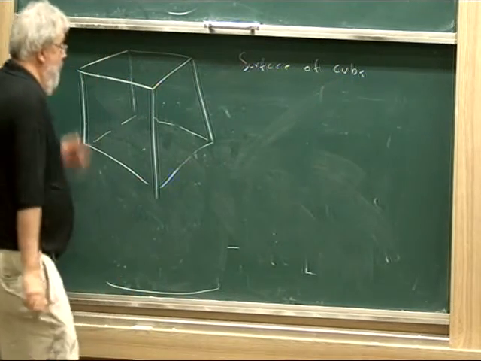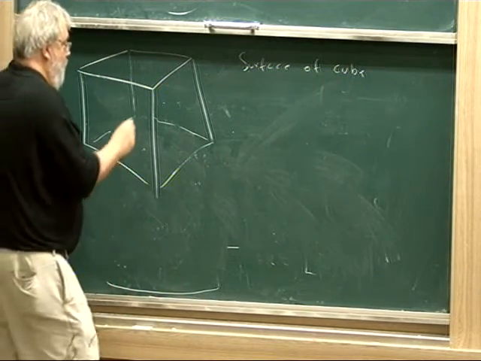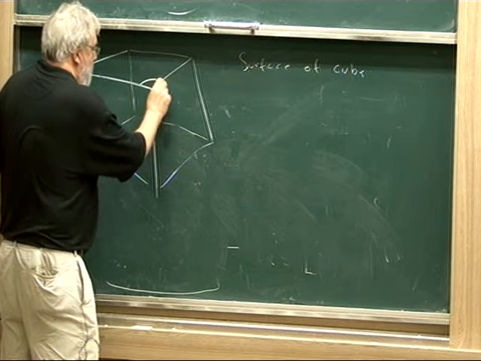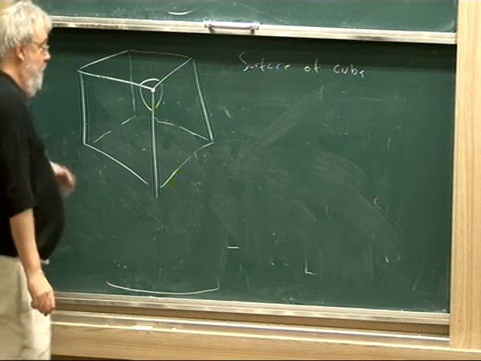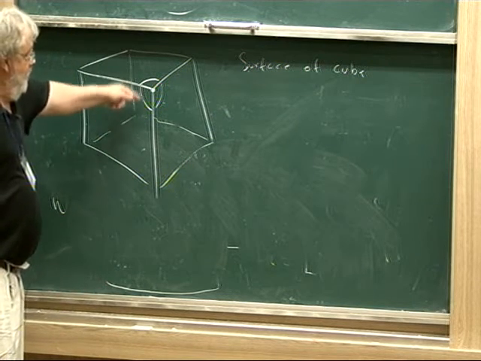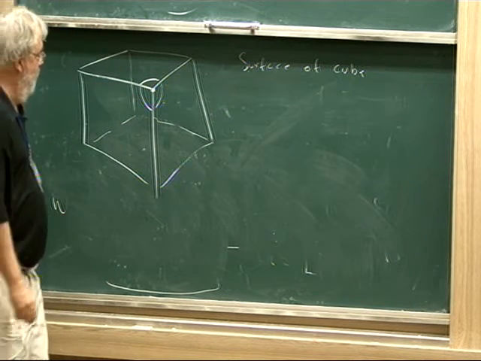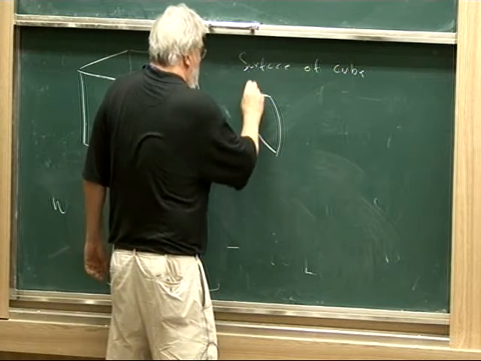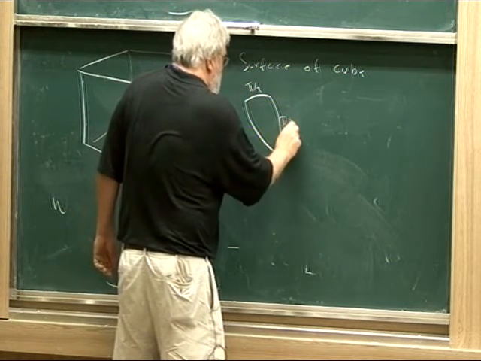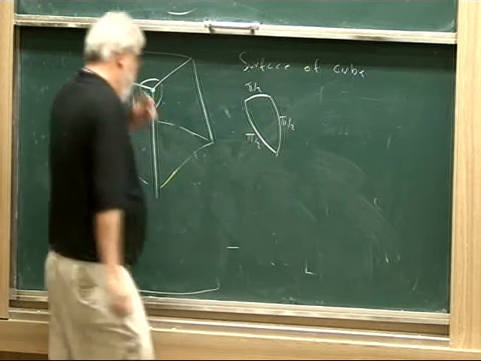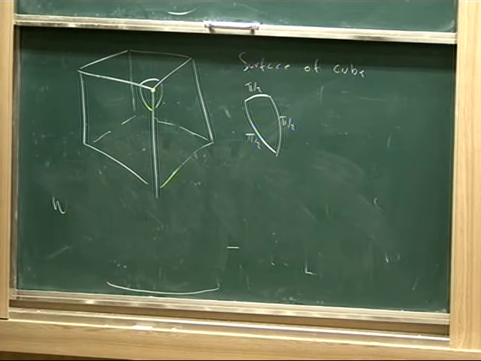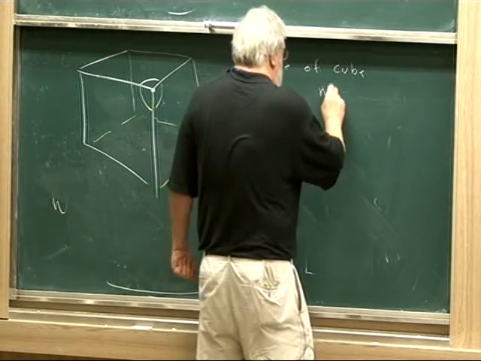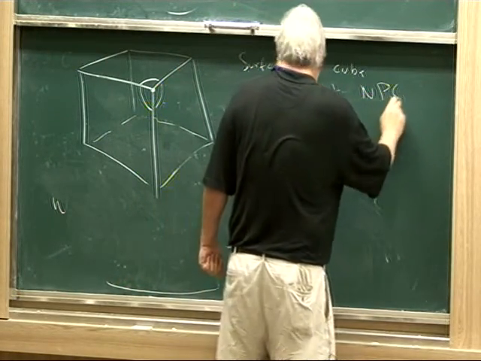I claim that isn't non-positively curved. If I look at a vertex here, I see something that's topologically a circle made out of 3 lengths, and they each have length pi over 2. And the claim is that doesn't satisfy the condition, so this is not non-positively curved.